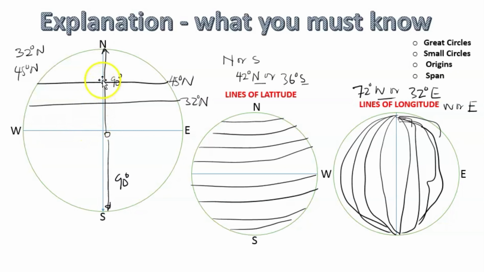As you move from the meridian, there is what we call the meridian, you move 180 degrees to the west and 180 degrees to the east. So this is very important that we need to know. Later we'll talk about great circles and small circles in the course of this tutorial.